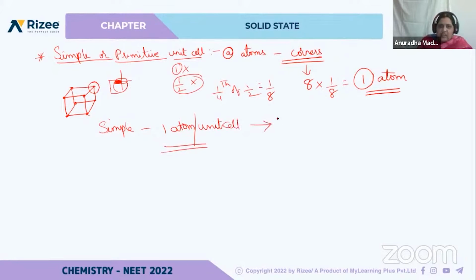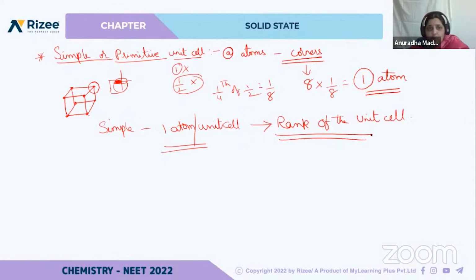This is nothing but the rank of the unit cell. Rank of the unit cell is nothing but atoms per unit cell. So this is about the simple or primitive unit cell.